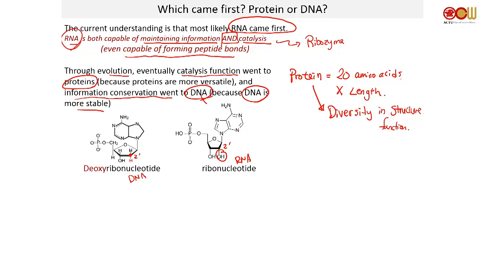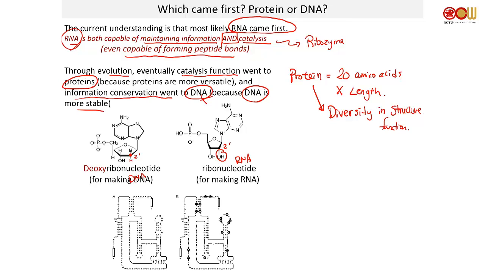And because you lost the hydroxyl group, it can form less hydrogen bonding. Make sense? You form less hydrogen bonding, you have less possible structures. So DNA is just my ugly drawing of a double helix.